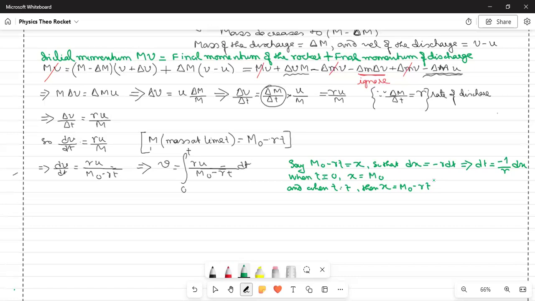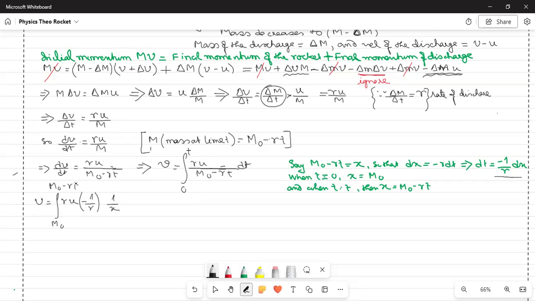So if you use this replacement, the equation becomes integration of RU, and dt is replaced by minus 1 by r dx, and this function m0 minus rt equal to x becomes 1 by x, and the limits are x equal to m0 to m0 minus rt.